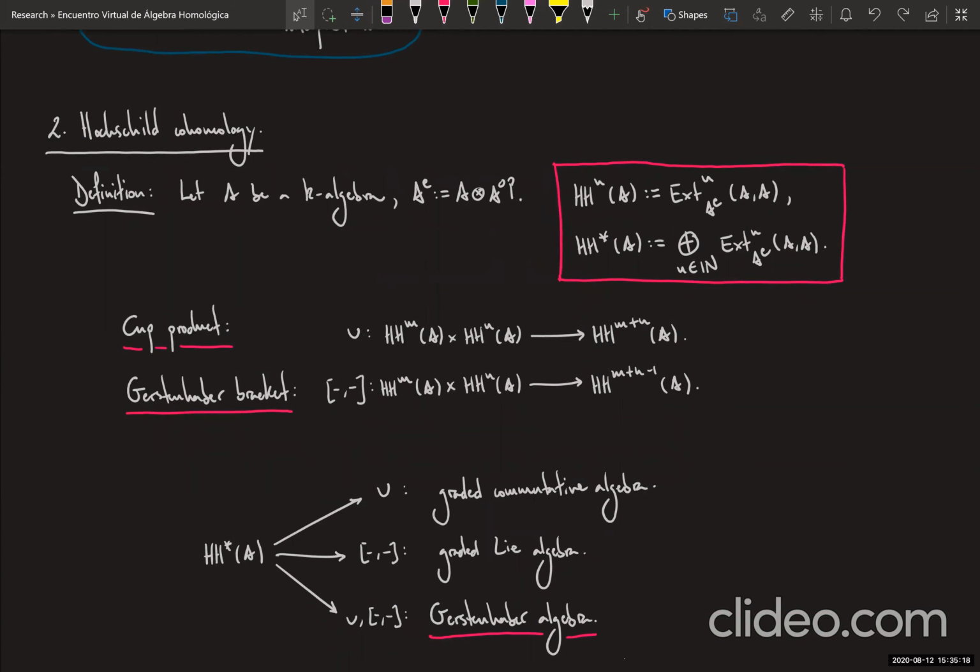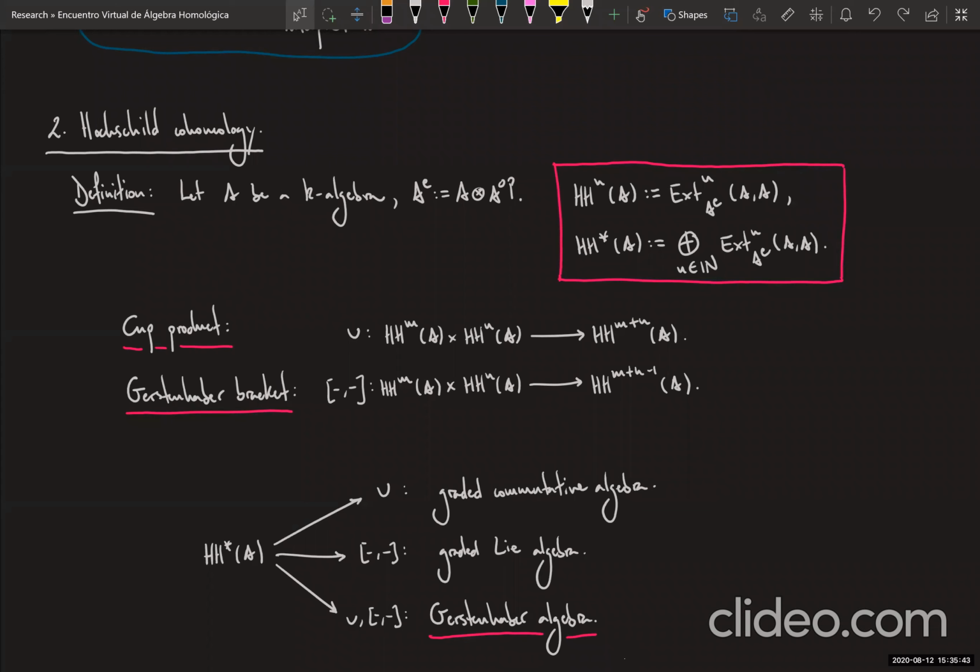Let's look at the definition of the Hochschild cohomology. Given an algebra over a field, just to simplify a bit the story, we consider A^e, the enveloping algebra, which is the tensor product of the algebra with its opposite. Then we define the Hochschild cohomology as the Ext group.